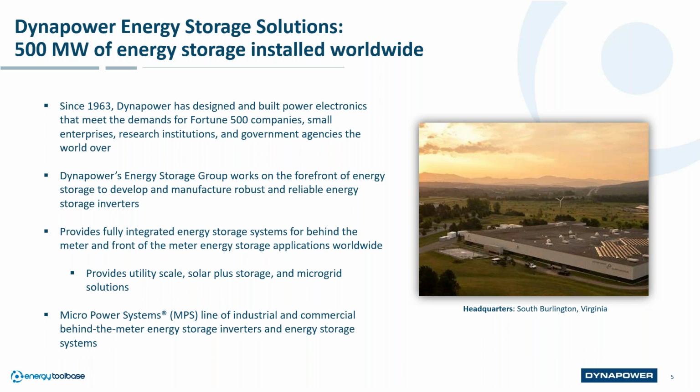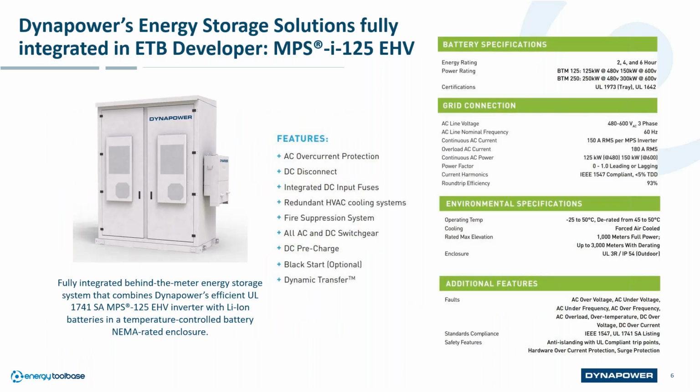So Tracy, you want to go to the next slide? So this is a graphic of the MPSI, meaning integrated system, 125 EHV. And the inverter itself, the battery inverter, is the box that's hanging off the right side of that illustration. The other two symbols are the HVAC systems to keep the batteries cool.